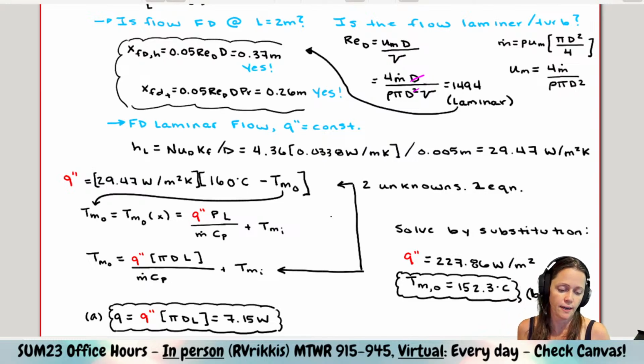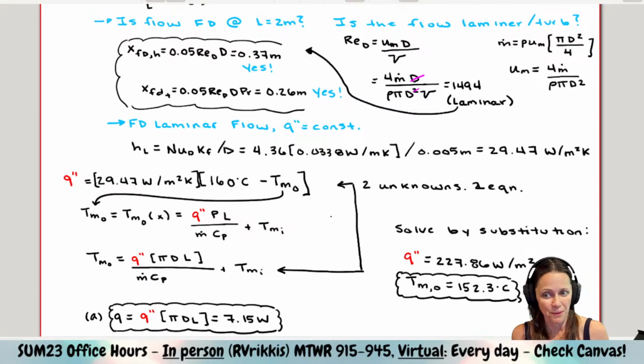When we were calculating things before, at x equals L, at x equals 2 meters, we're fully developed, because it fully developed hydrodynamically at 0.37 meters, and it developed thermally at 0.26 meters.